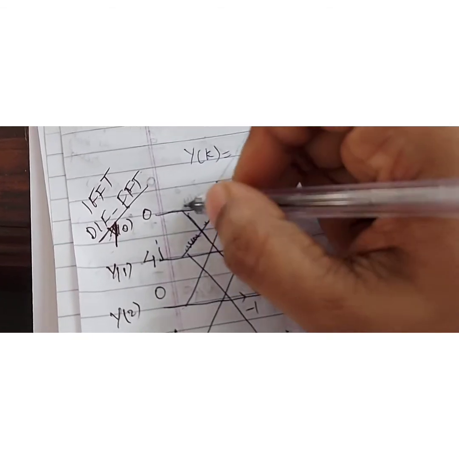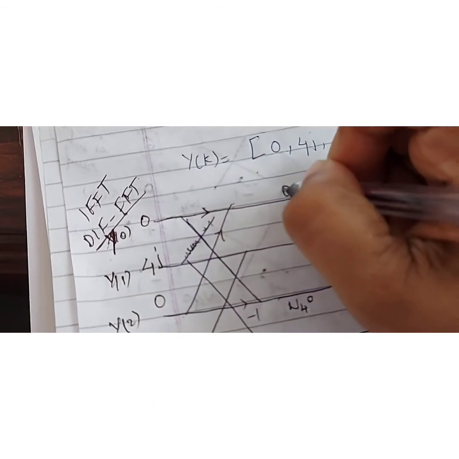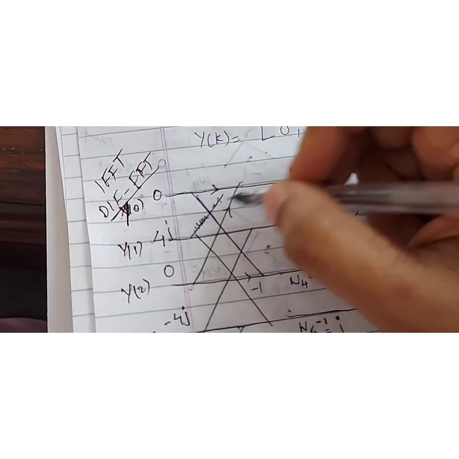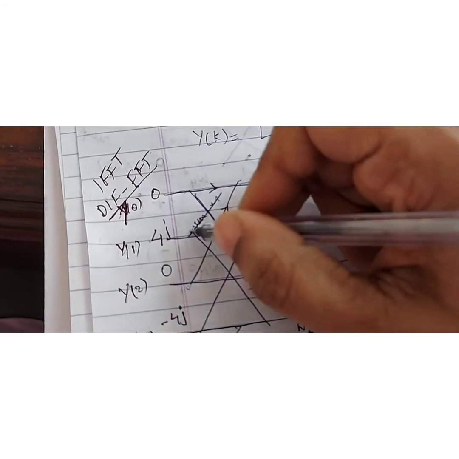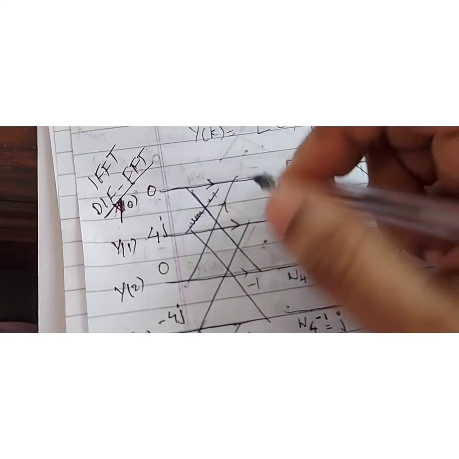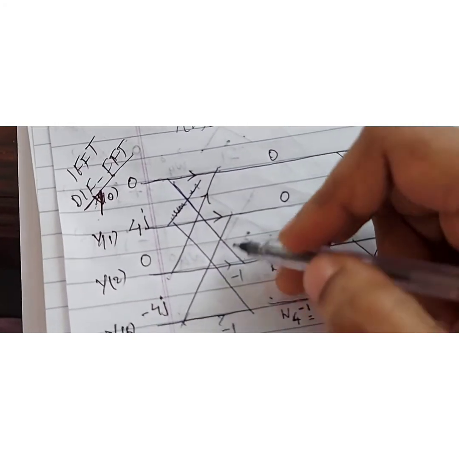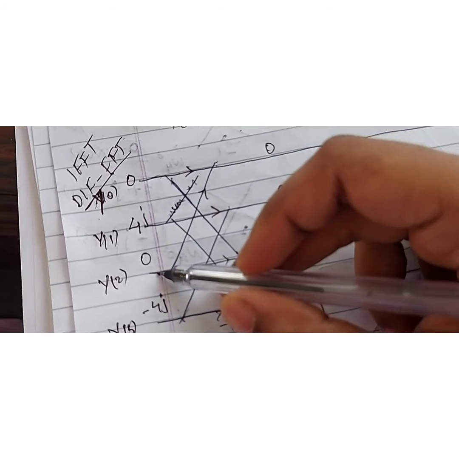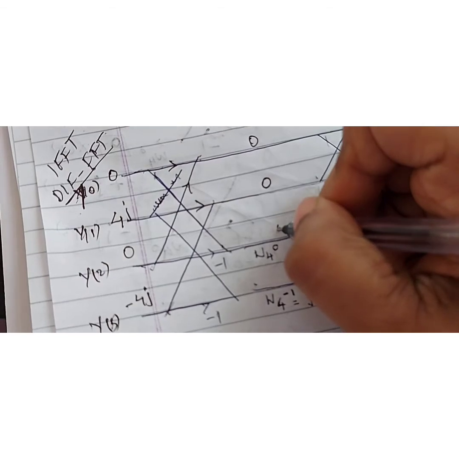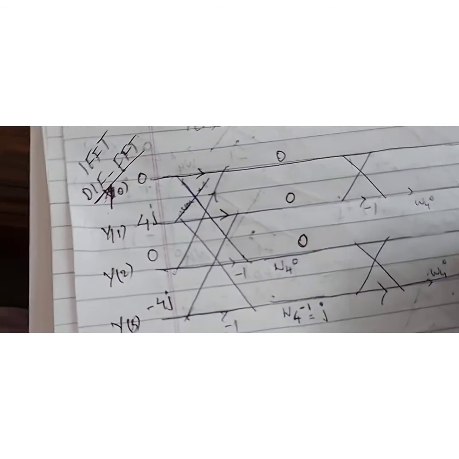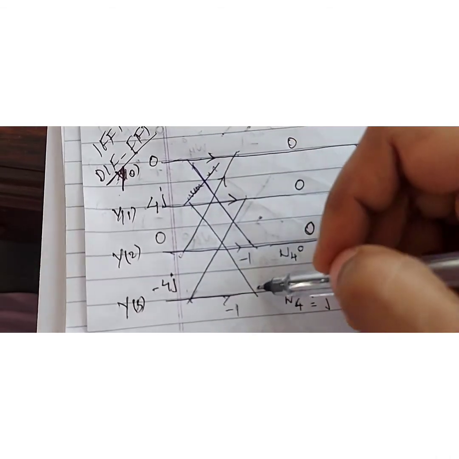Okay. Add these. 0 plus 0 is 0. 0 plus 0 is 0. Plus 4j from here. And minus 4j. 0. 0 plus 0. Again you get 0.